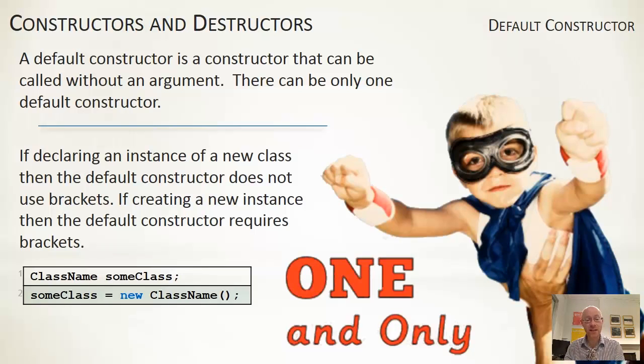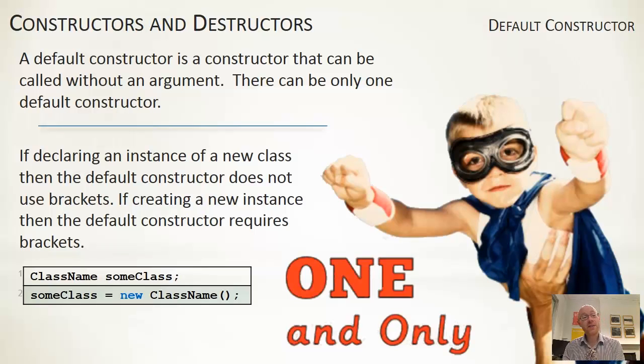It'll exist, it'll be created on the stack, and the no argument constructor will be called to actually construct that object on the stack. If we're creating it on the heap, we're allocating there using the new keyword. In line 2, we have to use our brackets at the end, signifying there that we're not passing in any parameters to it.